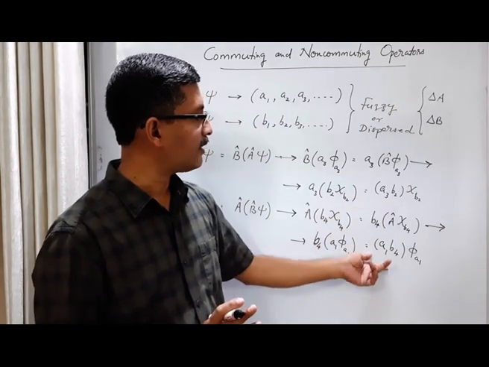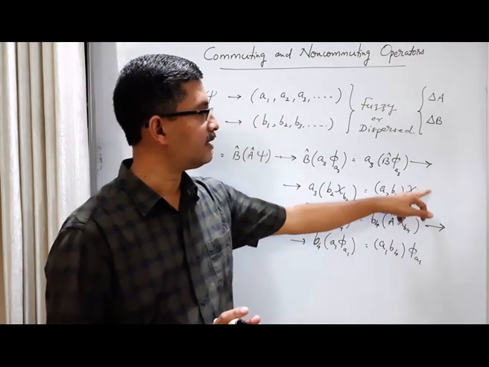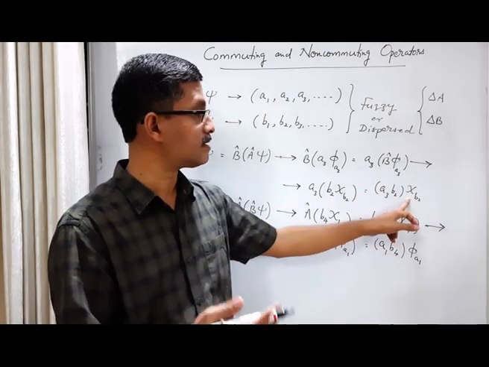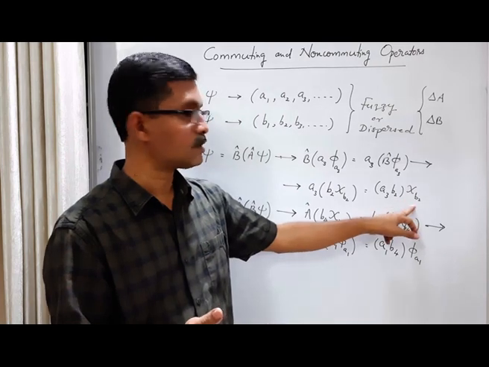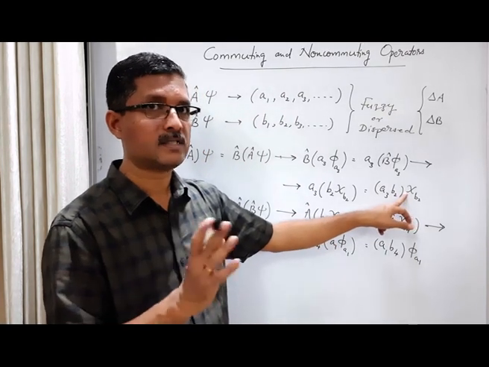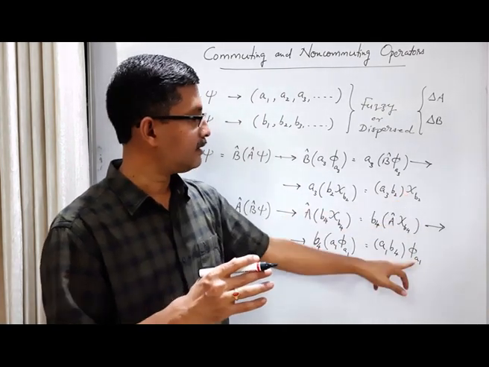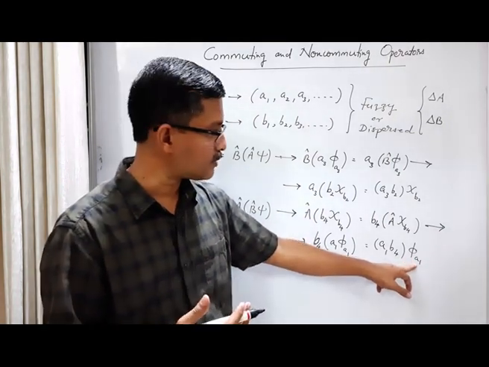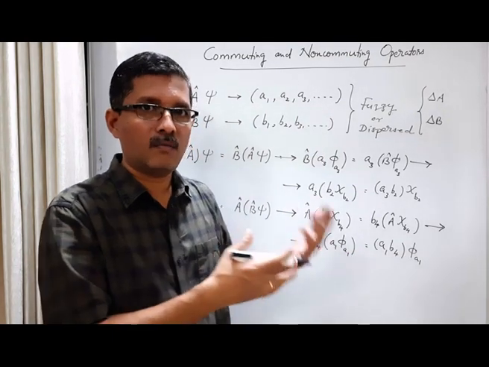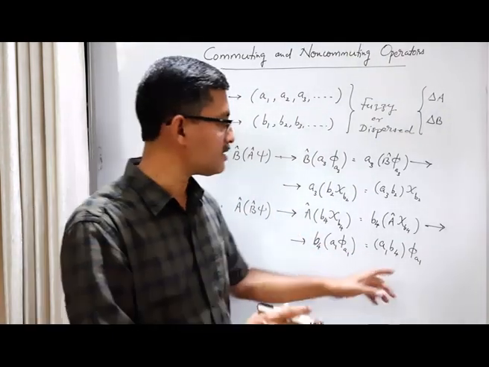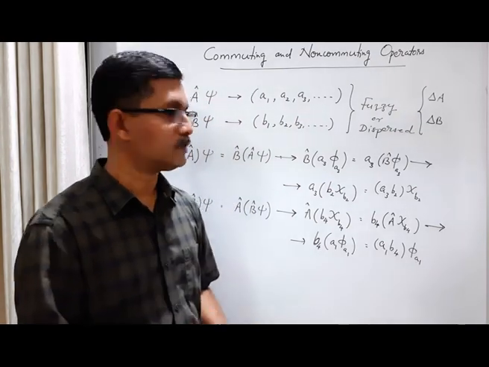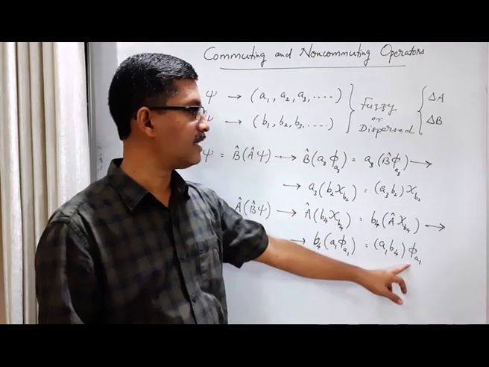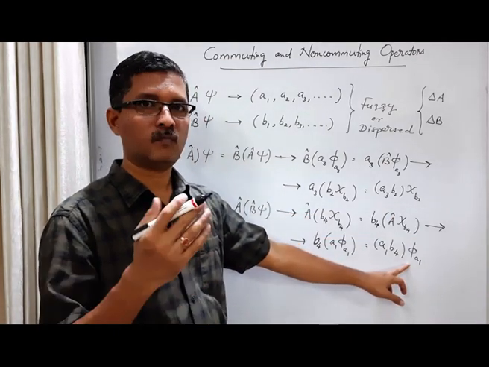So we get different eigenvalues, and also the final state here is an eigenstate of B. It could be any eigenstate; I just considered chi B2, the eigenstate corresponding to B2. But it's an eigenstate of B. And here the final state is an eigenstate of A corresponding to the eigenvalue A1. I considered only one choice, but the point is we end up with one eigenstate of B in this case and one eigenstate of A in this case.